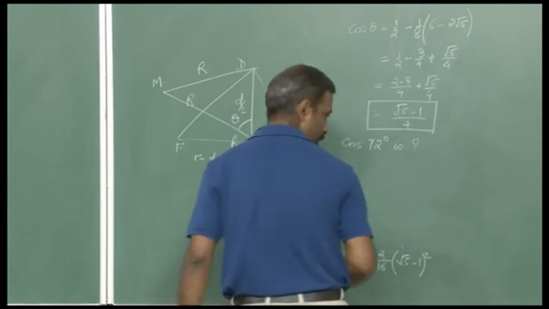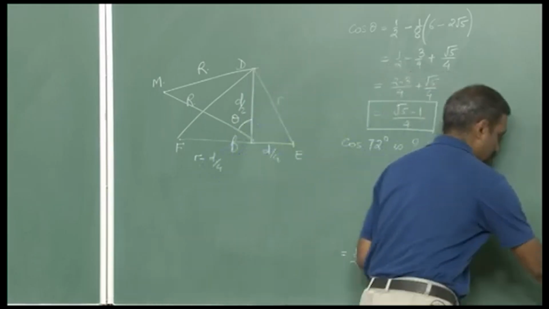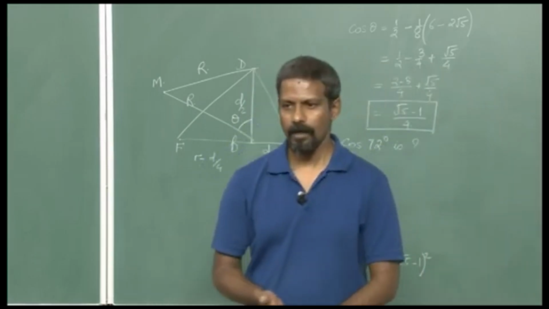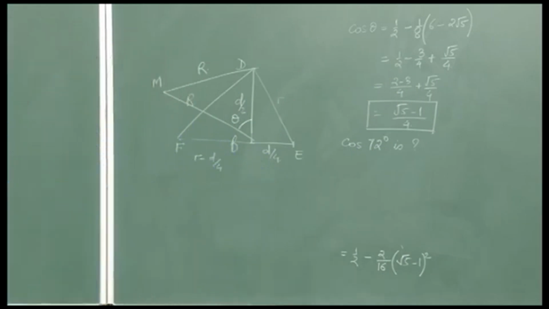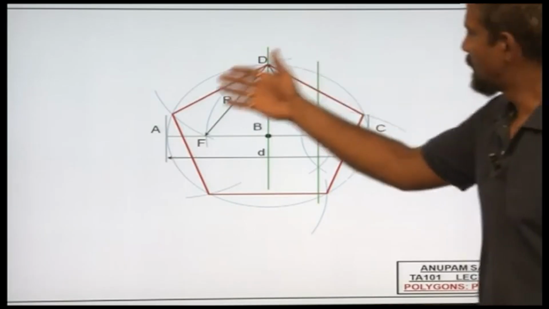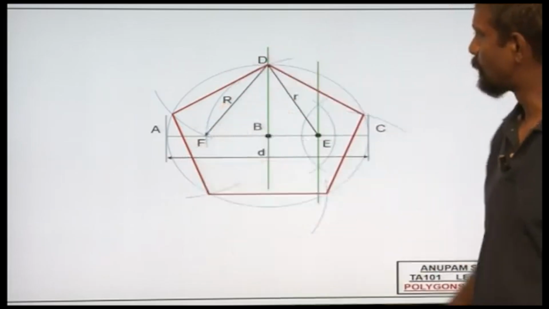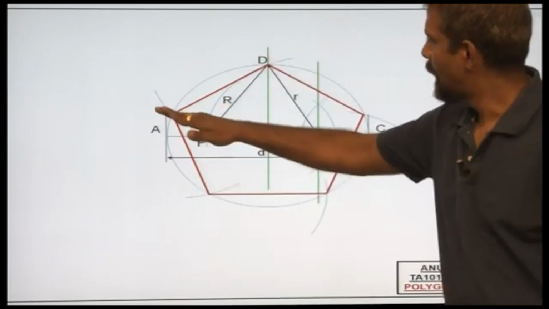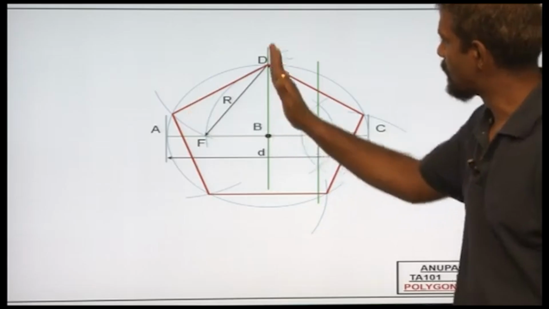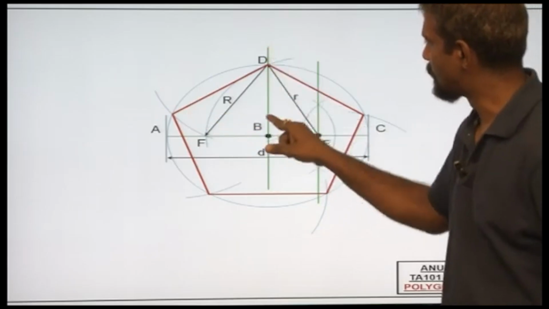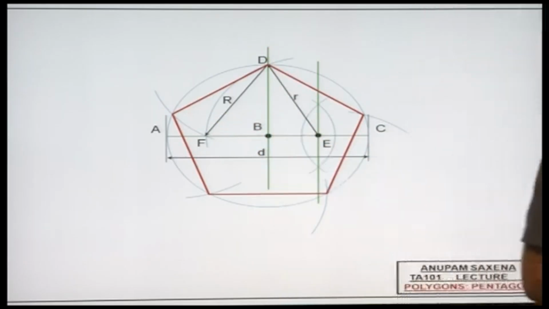So in a sense, through geometric construction, what we do is we essentially divide the circle into 5 equal parts in such a way, ensuring that this angle here, theta, is equal to 72 degrees.